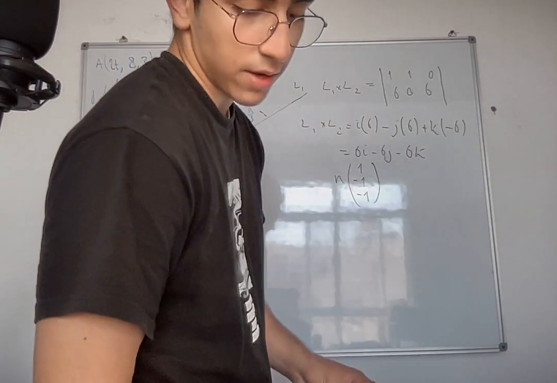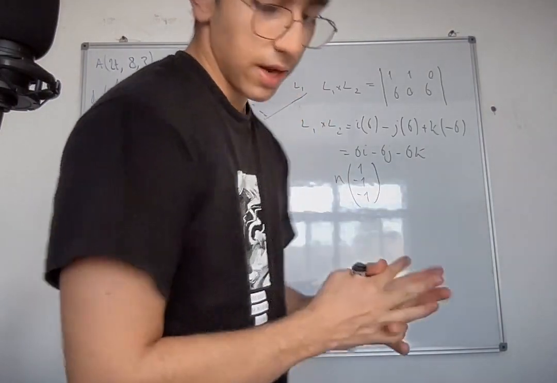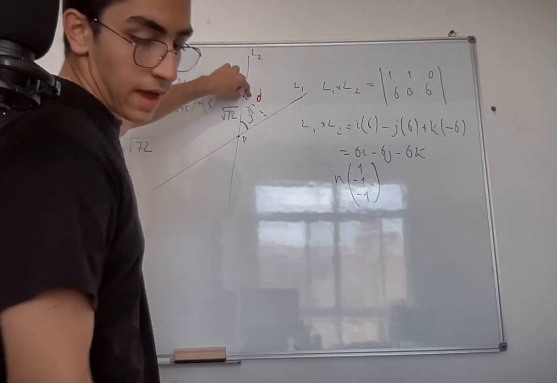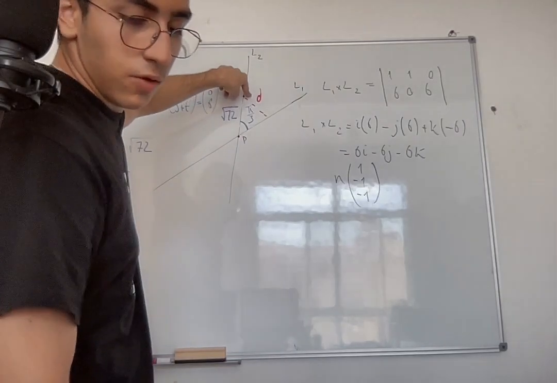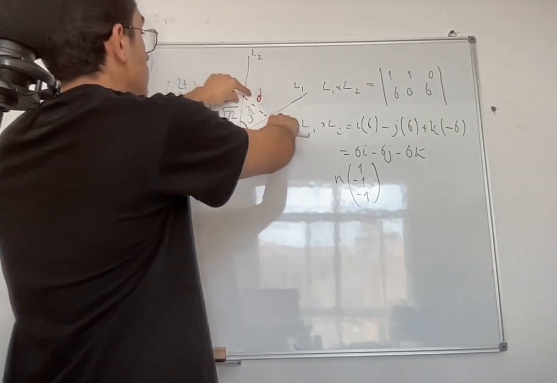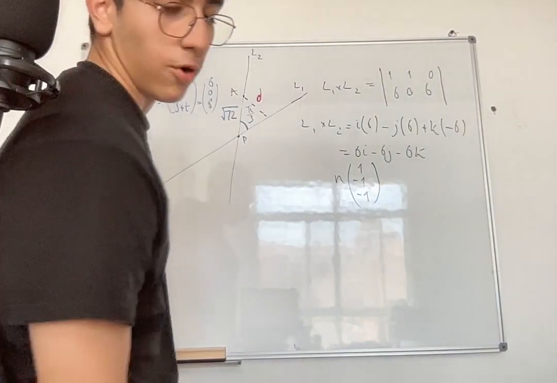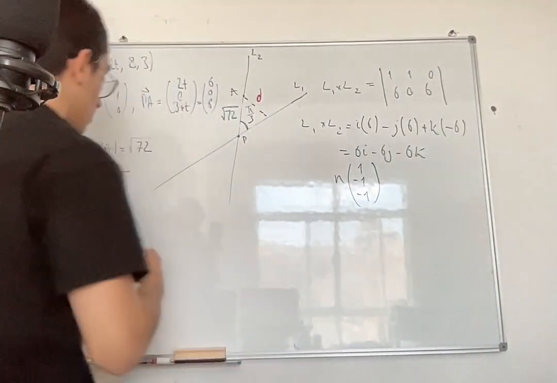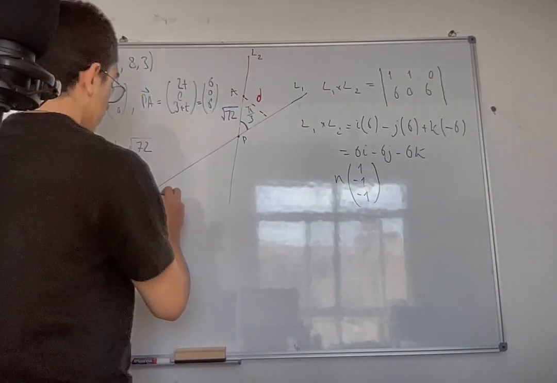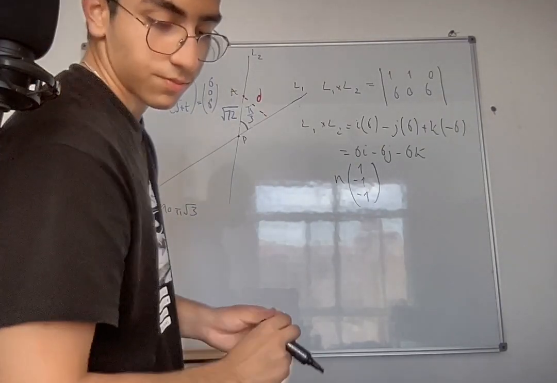Now the base of a right cone lies in pi, centered at A, such that L1 is tangent to its base. I'm going to assume this is the base right here. And the volume of the cone is 90 pi radical 3 cubic units.